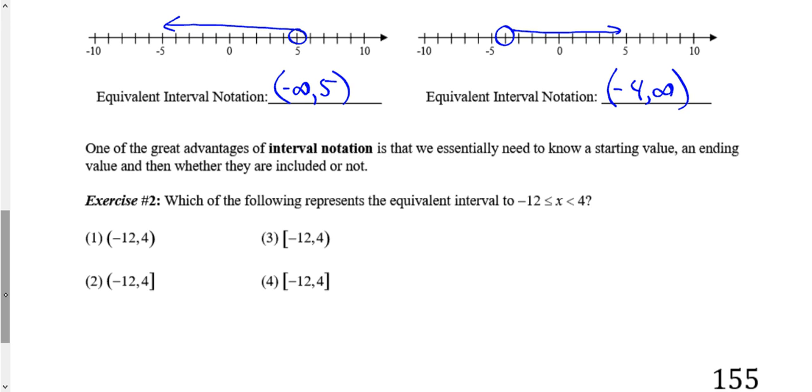So this thing means hard bracket, and that means soft, right? It'll be -12 to 4. Choice 3.